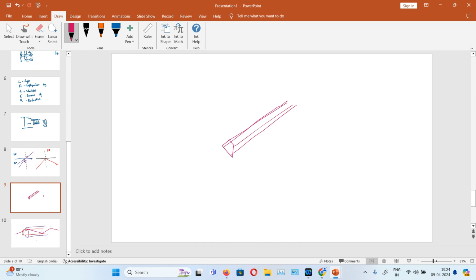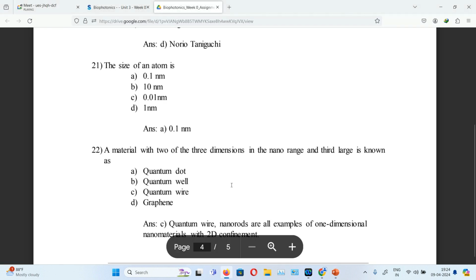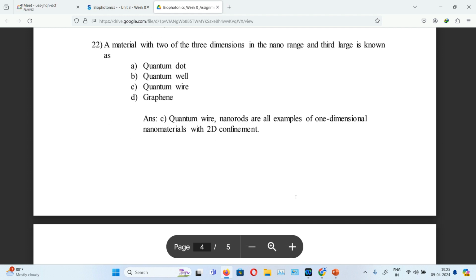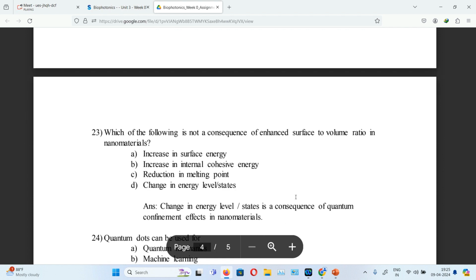What is this? It's a wire. So let's see what the answer is. It's a quantum wire. Nanorods are examples of one-dimensional nanomaterials, 2D confined. So two dimensions are confined, and one dimension has a length.